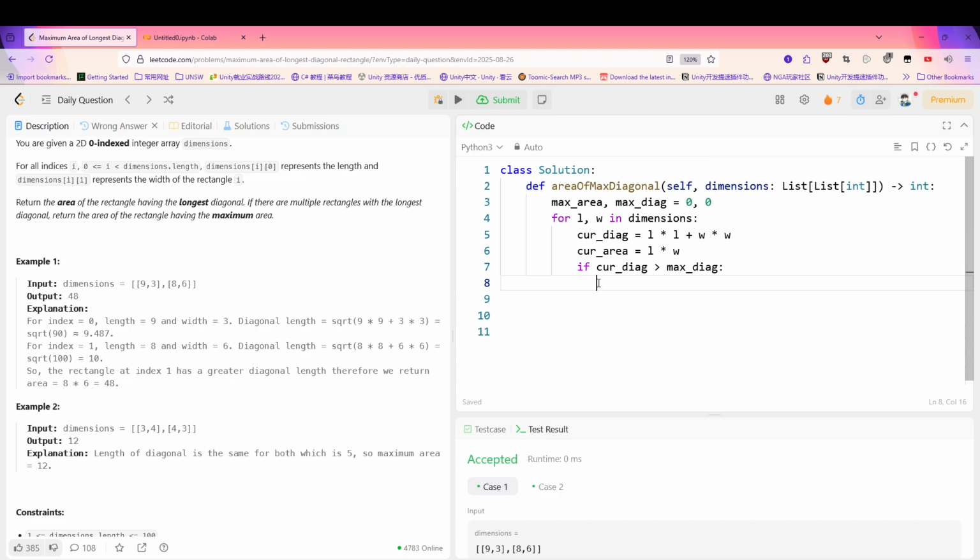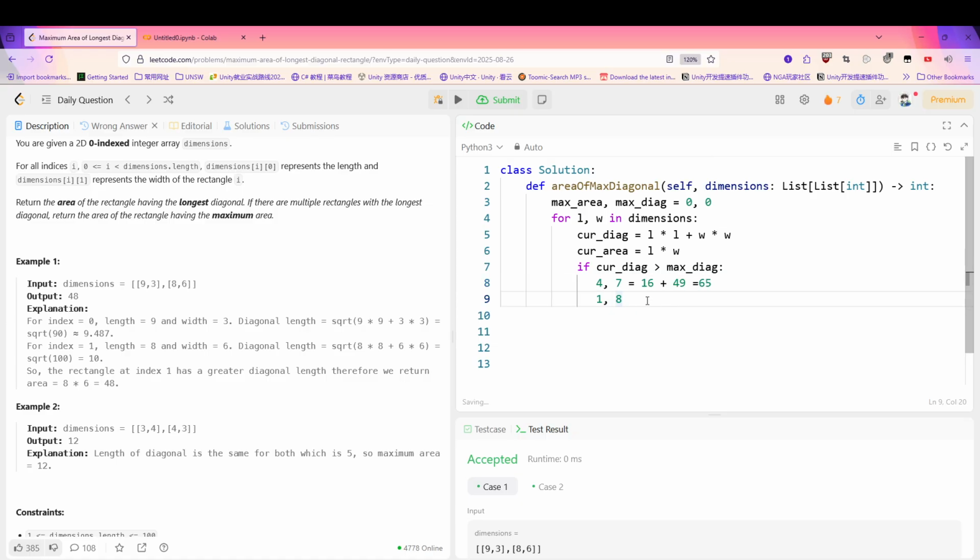Think about this question. If we got two dimensions like, let me think, for example 4, 7 and 1, 8. What is the squared result of the diagonal? It's 16 plus 49, which is 65.